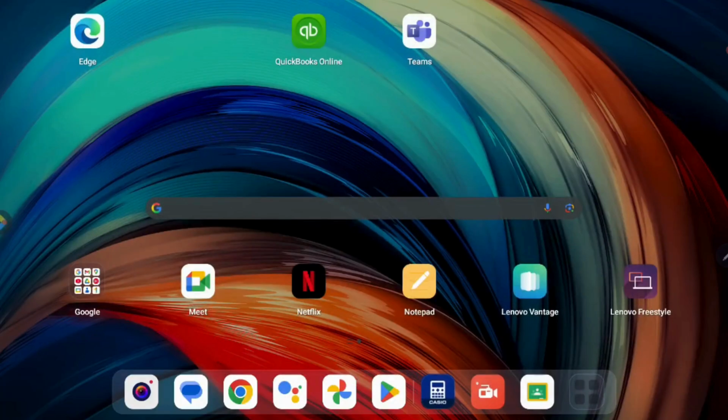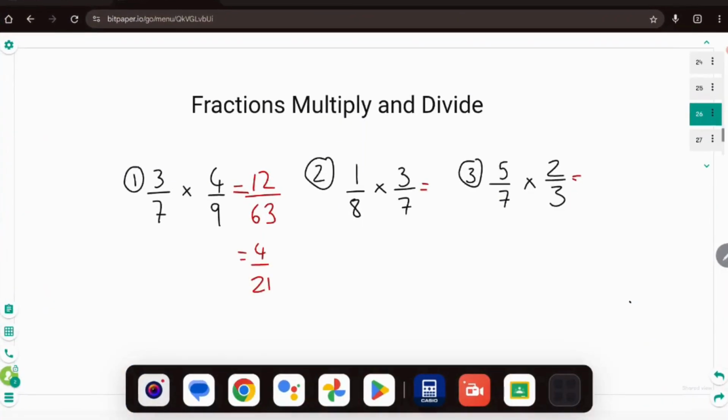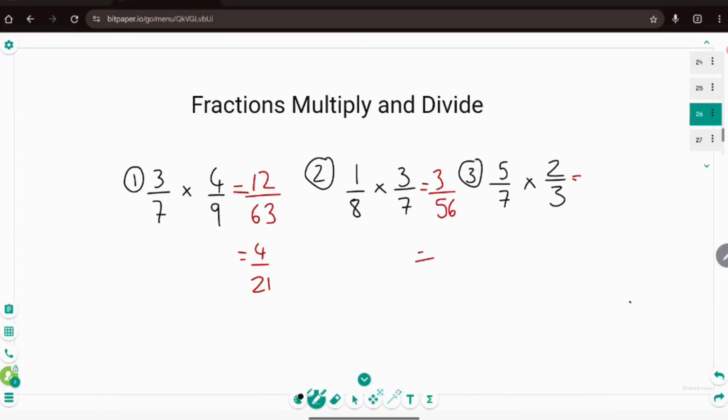Remember, for IGCSE Edexcel, you can always use your calculator, so not a problem. 3 over 56. This can be simplified. No, it can't be simplified. This cannot be simplified. On this one, 10 over 21.